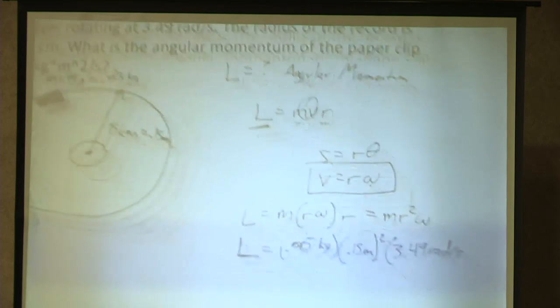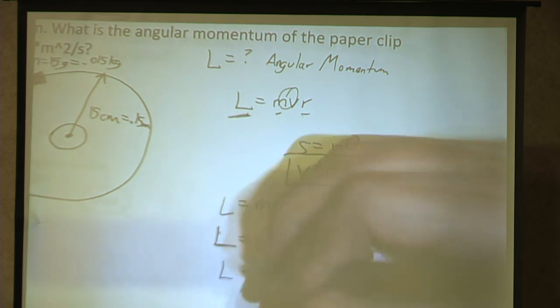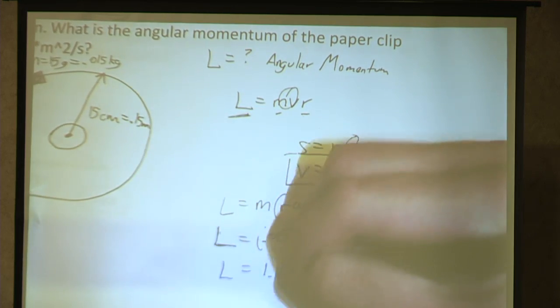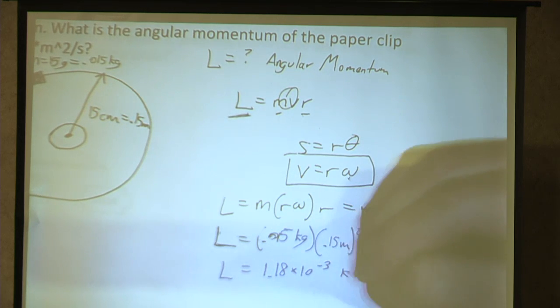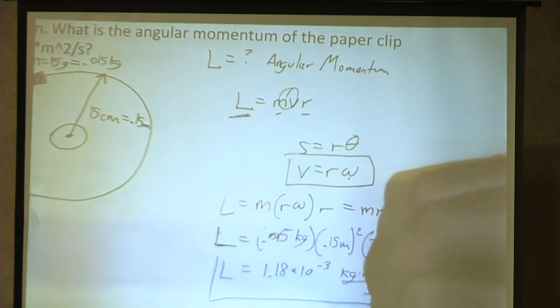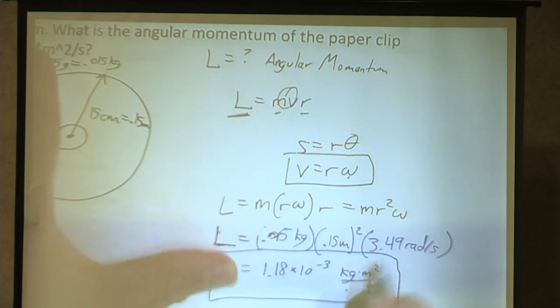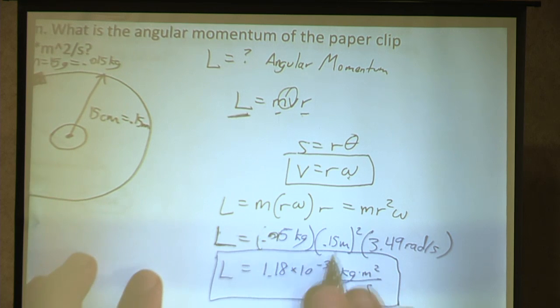And now at this point, just multiply it out. And that'll give us the answer, and the units check out as well. Kilograms, meters squared, radians we can ignore, per second.